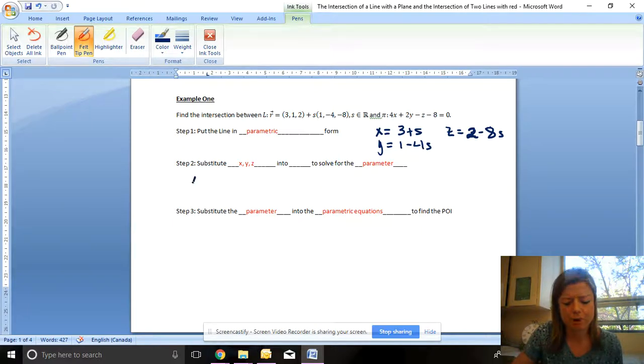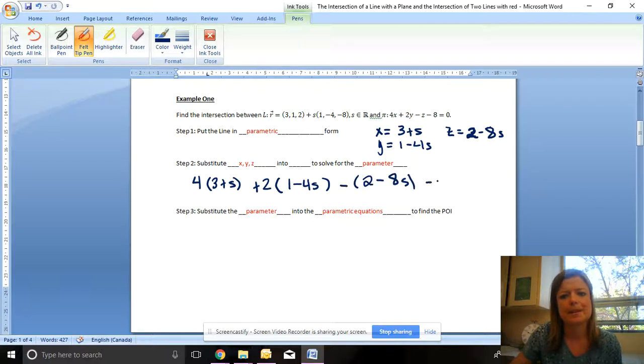So we have 4 times (3 plus s), plus 2 times (1 minus 4s), minus (2 minus 8s), minus 8 equals 0. Now we have an equation with only one variable, so you can solve for s. If you do that, you get s is equal to negative 1.